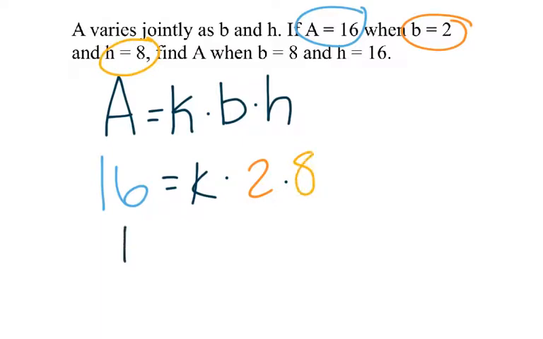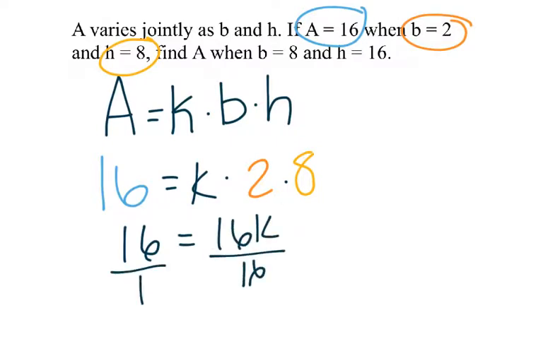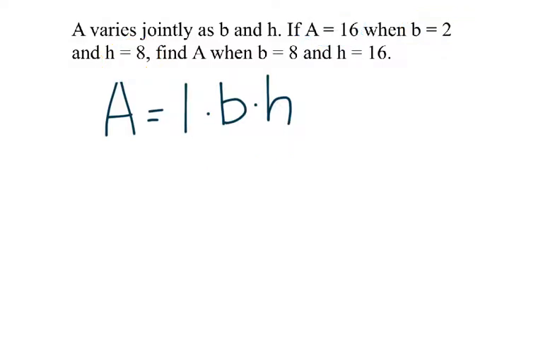Alright, so I'm going to do this. 16 equals K times 2 times 8 is 16K. If I want to get rid of the 16, I'm going to divide by 16 on both sides, so K equals 1. So I'm going to go ahead and plug the K back in and clean this up a little bit. And then I'm going to use the last part to actually figure out what I'm trying to find.